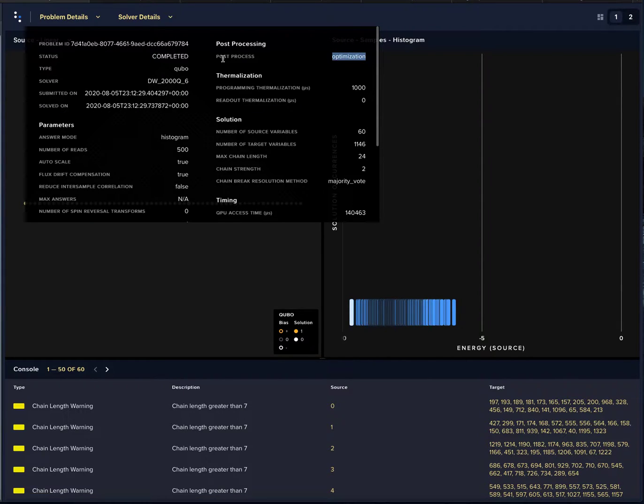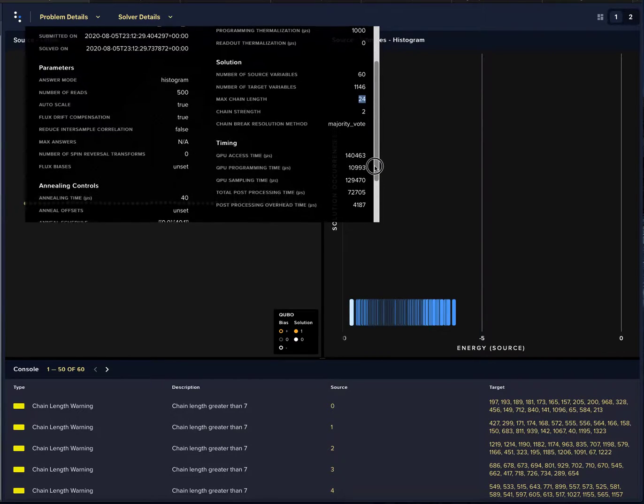Optimization turned on. So what this does is it has D-Wave do post-processing on optimization to go make sure I got the best values possible. I have a chain strength of 2. Now what that does is for problems where I'm worried about broken chains, this brought my maximum chain length to 24. That's great. Okay.